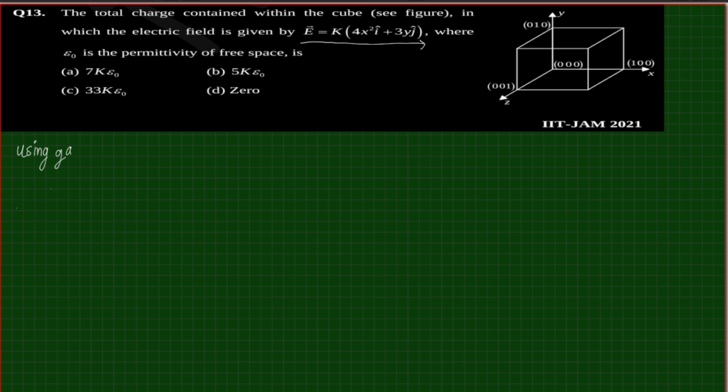So the total charge enclosed is given by epsilon naught integral of E dot A. The electric field is given, and we have to take the integral because the charge is enclosed within this cube, so the electric field is coming out from all 6 surfaces, and we have to take the integration for all 6 surfaces.